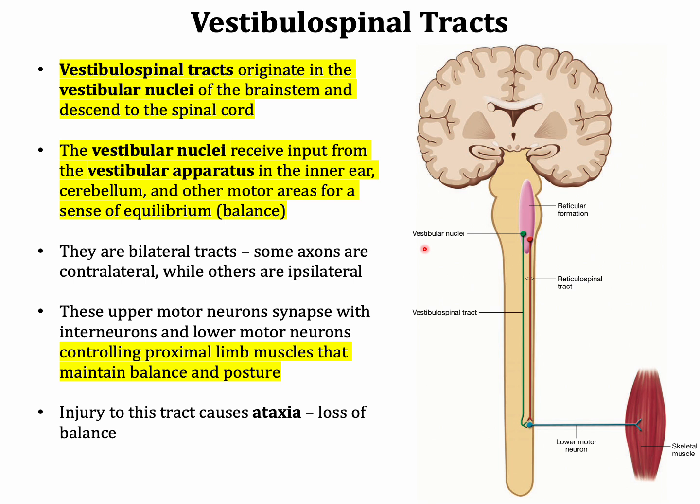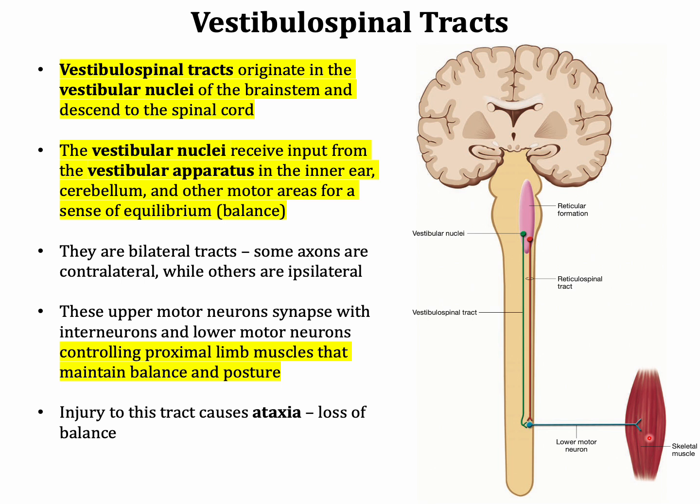So it receives input from the vestibular apparatus in the inner ear, receives information from the cerebellum, other motor areas in the brain, the basal nuclei. And processing goes on in that vestibular nucleus, and then that information is transmitted down the cord to play a role in controlling proximal limb muscles, to help maintain balance and posture.